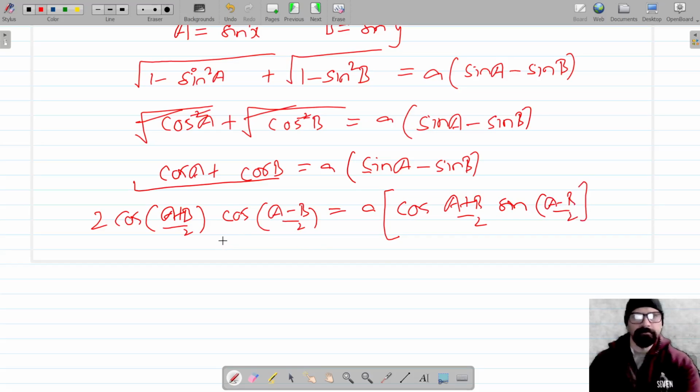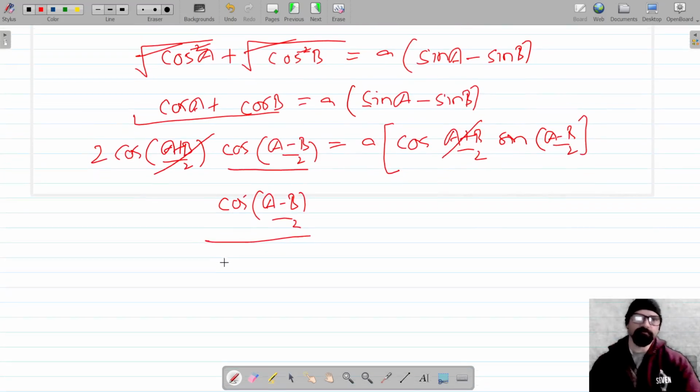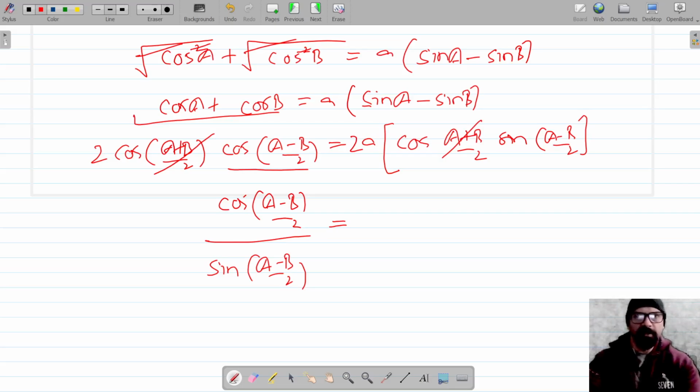Now cos of a plus b by 2 gets cancelled, and finally we are left with cos of a minus b by 2 divided by sine of a minus b by 2 is equal to a. The 2 and 2 also get cancelled.